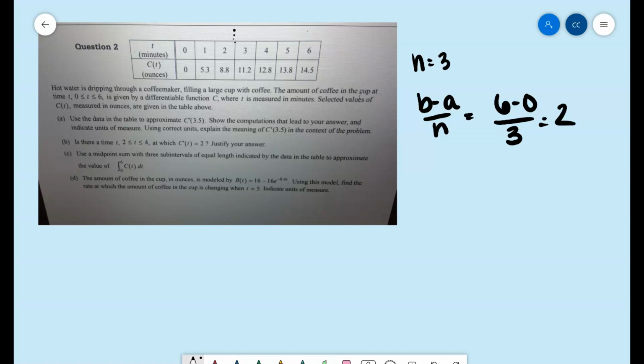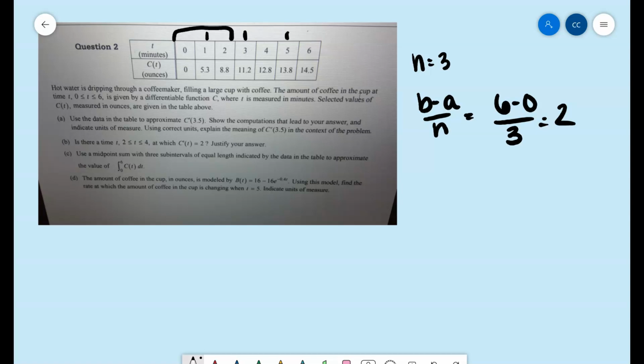So I'm separating it here, here, and there. It says use a midpoint sum with 3 subintervals of equal length. So basically what that means then is I am using the points 1, 3, and 5 as my midpoints.